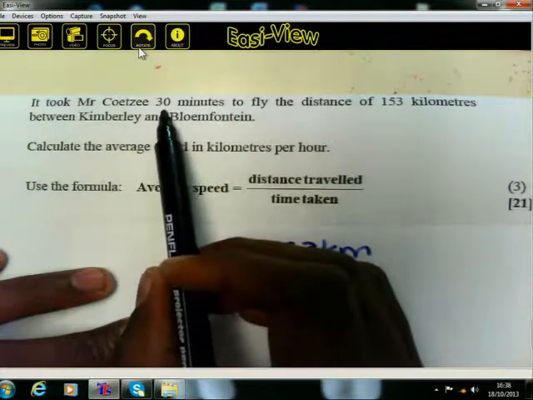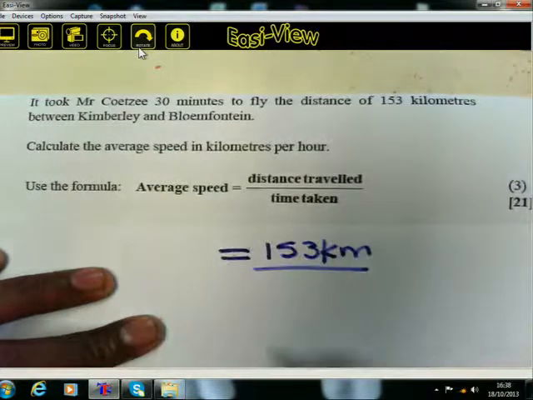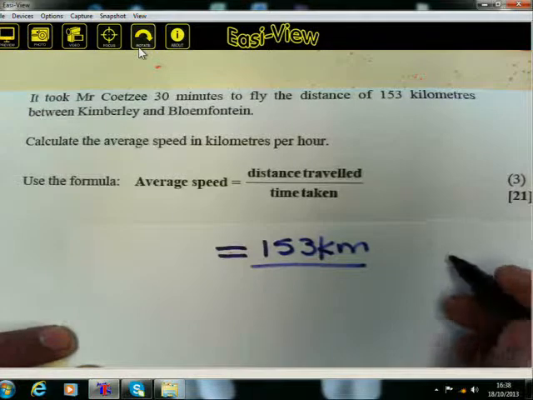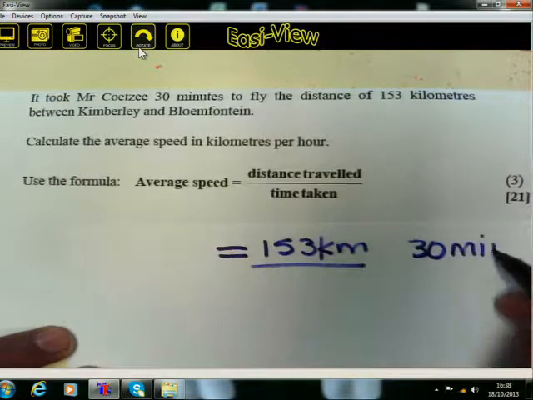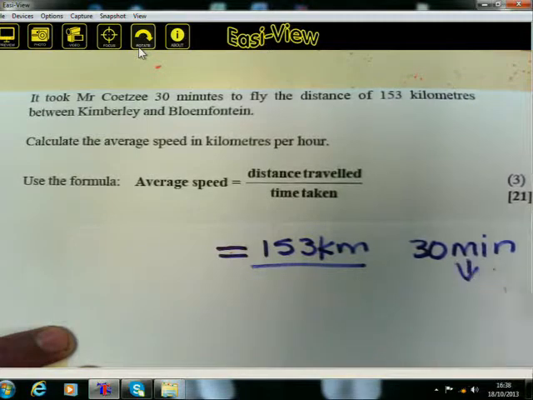Remember, because here it is 30 minutes, we must convert again this 30 minutes to hours.